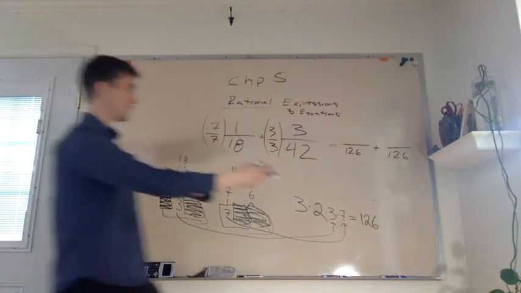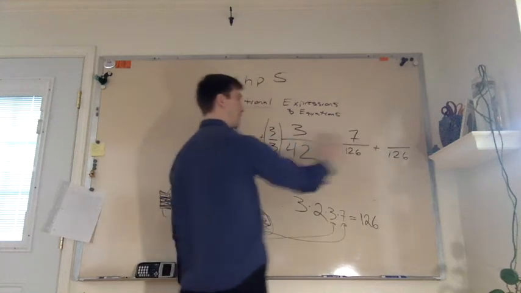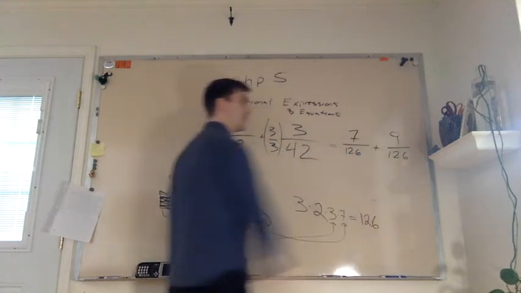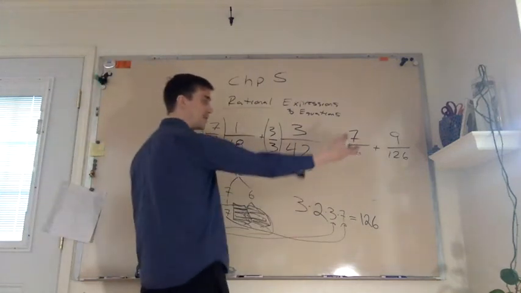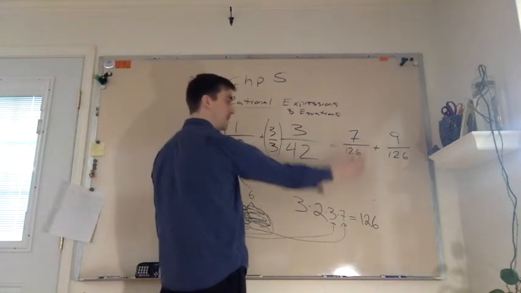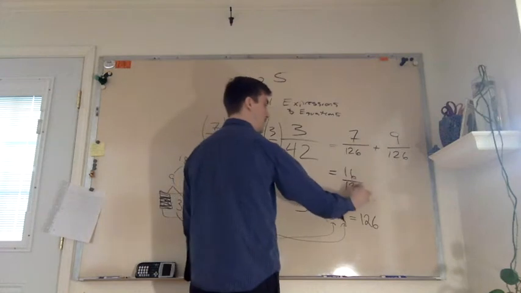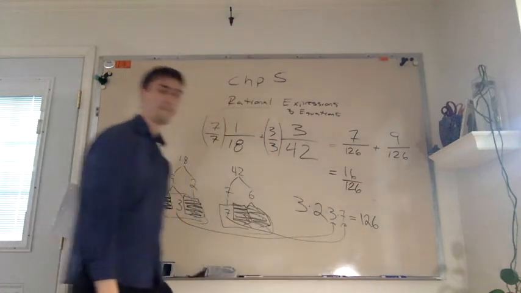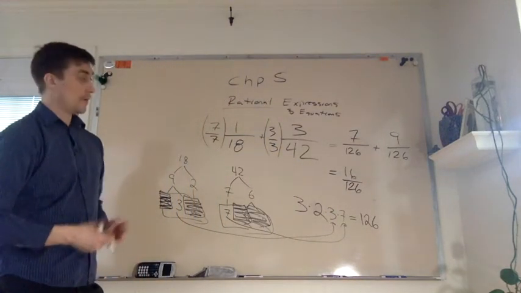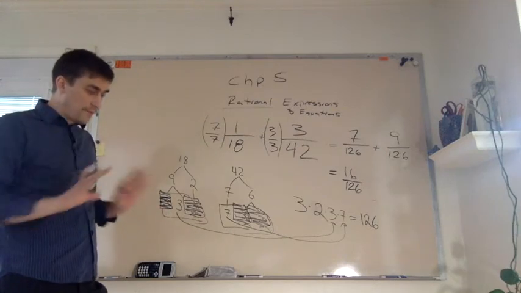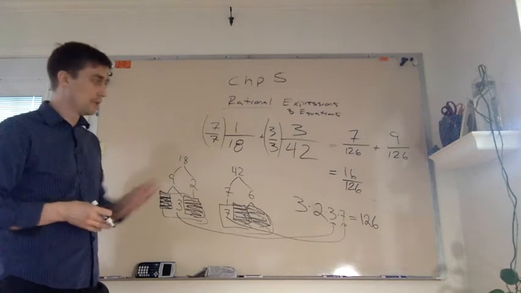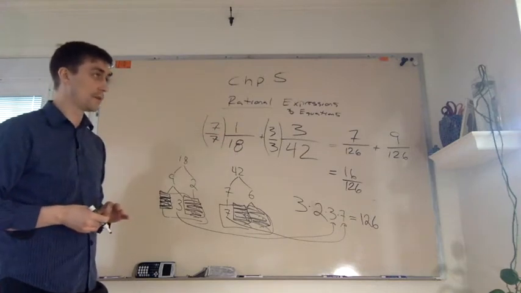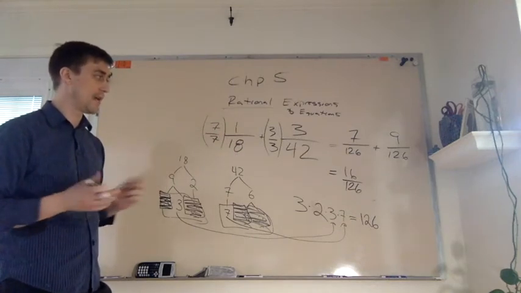Right? So this results in 7/126 and 9/126. Now you can add these two fractions because they have the same denominator. 7 plus 9 is 16/126. So, like I was saying, just to be completely done with adding fractions, you should always take the final combined result and say, can it be simplified further?